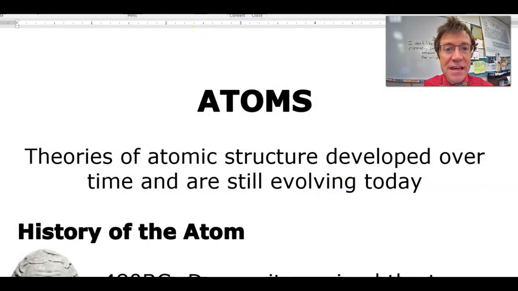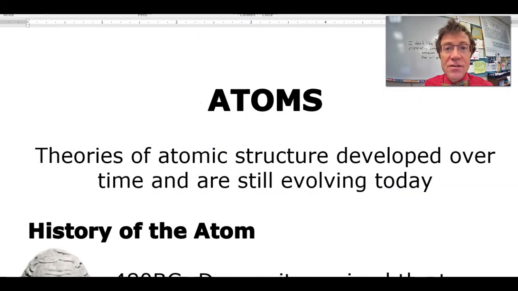So, atoms, the history. The theories of atomic structure have been going on since forever, and we're still digging into it today. However, the things that we're going to be learning in this class are pretty solidly entrenched and aren't going to change. They've been proven over and over, and nobody's ever been able to break it.